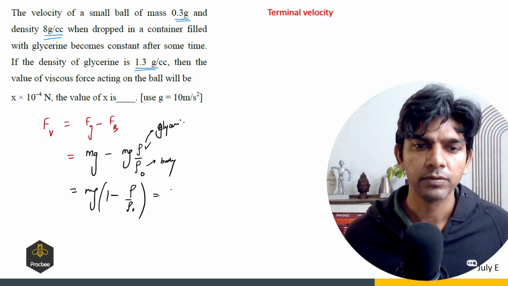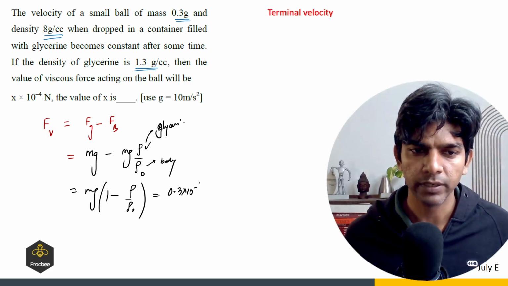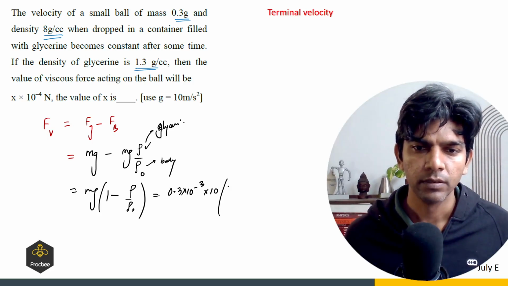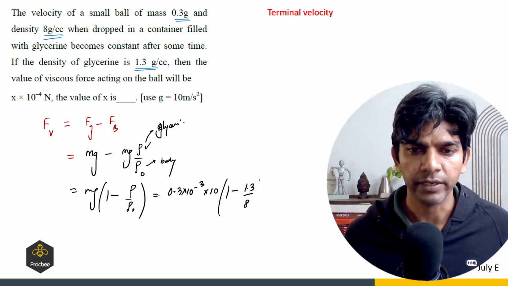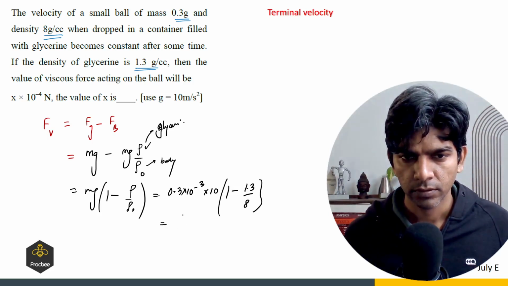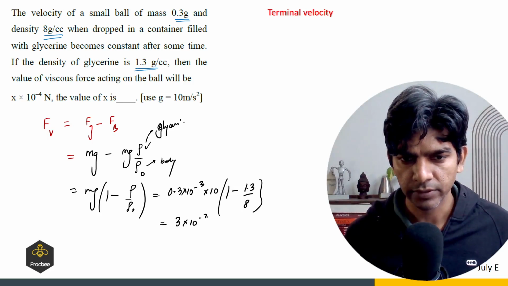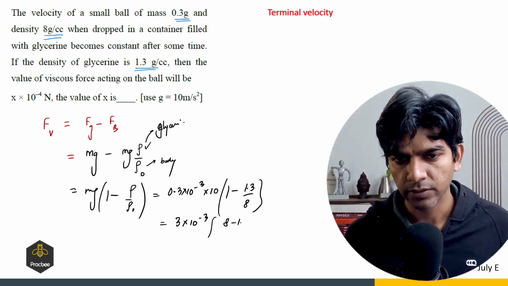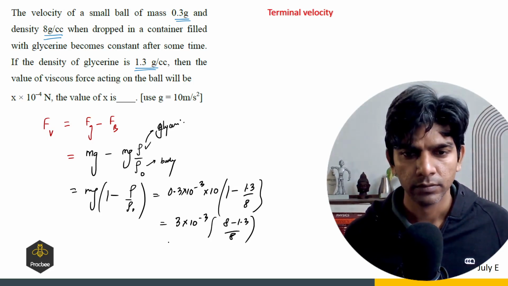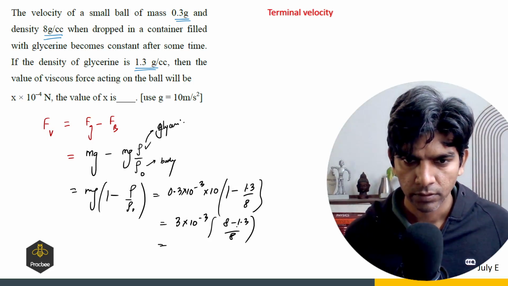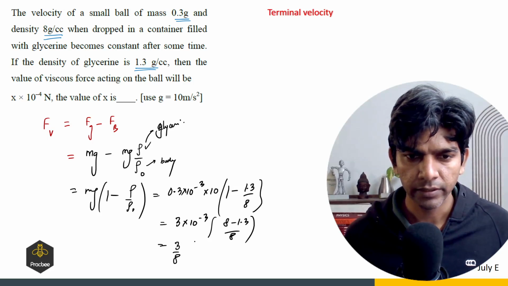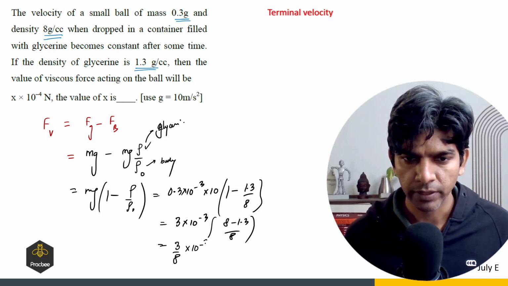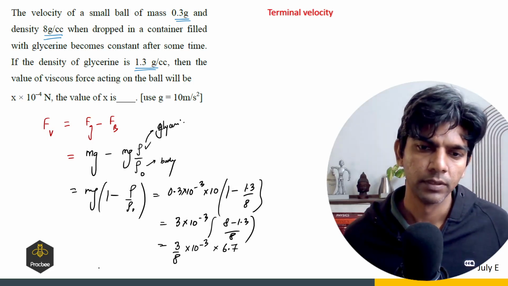So 0.3 × 10^-3 times g, which is 10, times 1 minus 1.3 divided by 8. So that will be 3 × 10^-3 times (8 minus 1.3) by 8, and this will become 3/8 × 10^-3 × 6.7.